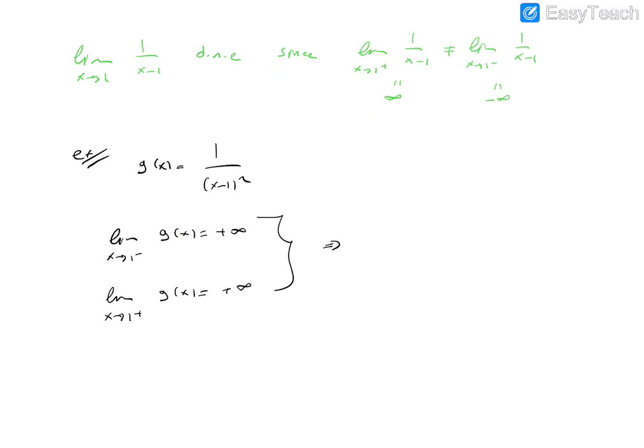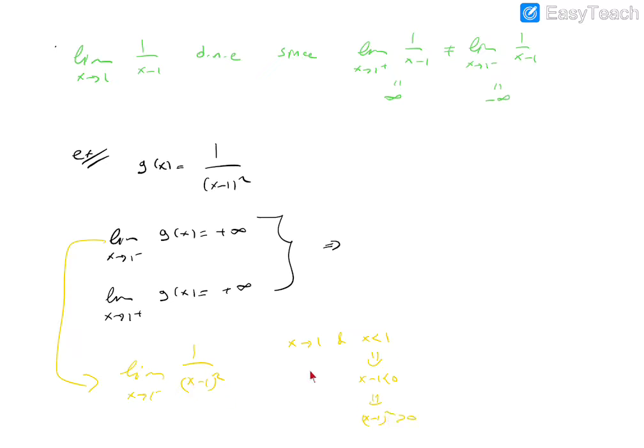Maybe I can explain briefly. The limit as x goes to 1 from the left-hand side of 1 over (x minus 1) squared. We have this function. So here x goes to 1 and x is less than 1. So x less than 1 implies x minus 1 is less than 0, but (x minus 1) squared is bigger than 0 because we have a square.